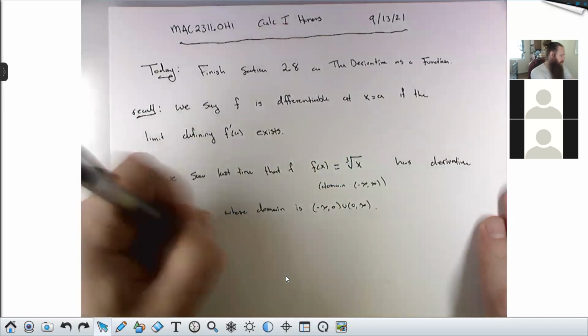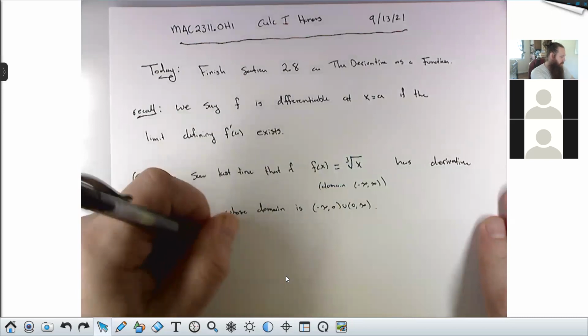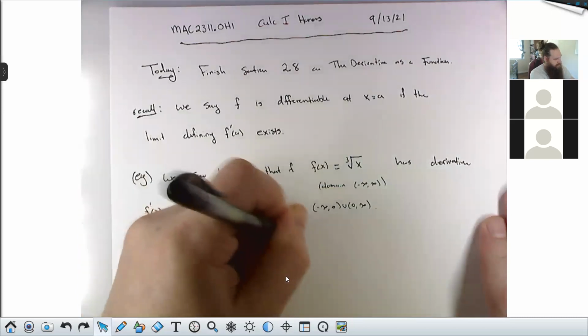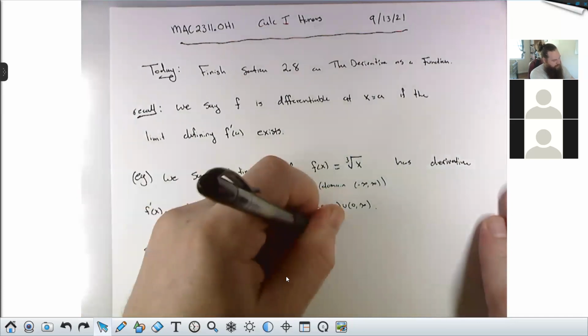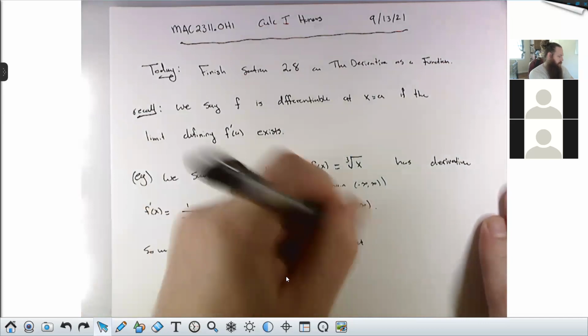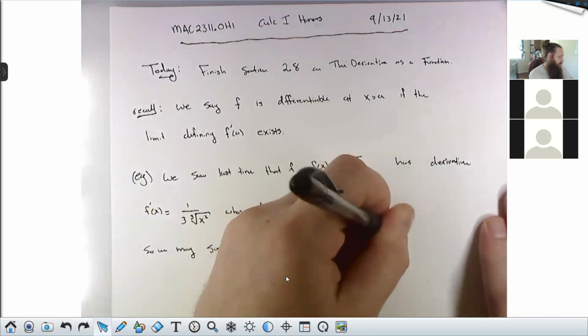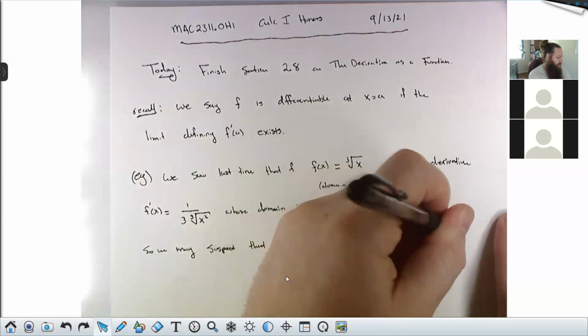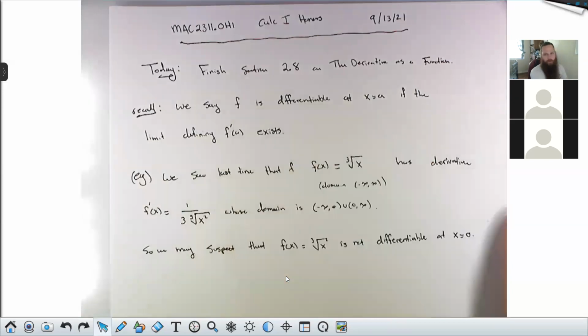And I'll say it like this: we may suspect that f of x equals the cube root of x is not differentiable at x equals 0, right? Because this derivative isn't defined at x equals 0.